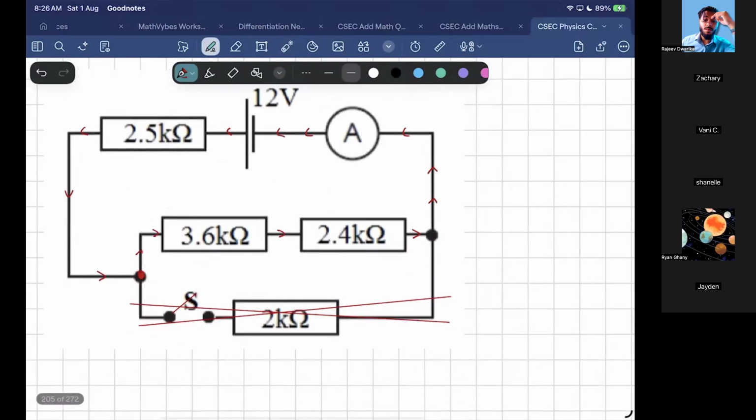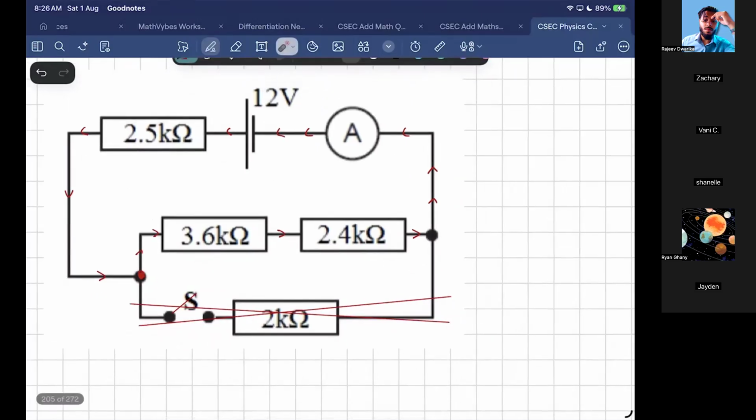So let me ask you all a question, Zachary. When the switch is open, does that look like a parallel circuit or a series circuit? A parallel circuit, sir. Oh, what makes you say that? So, wait, when the switch is closed or open? I say open. When it opens, it'll be a series.